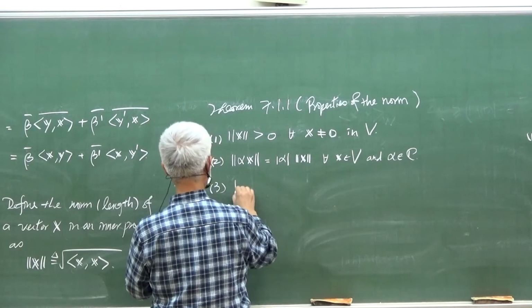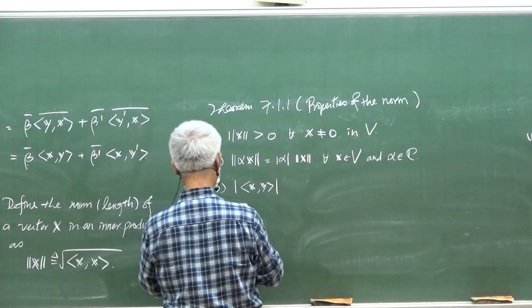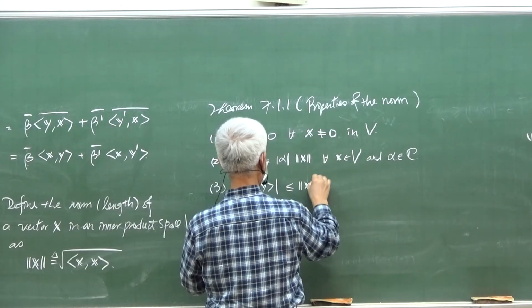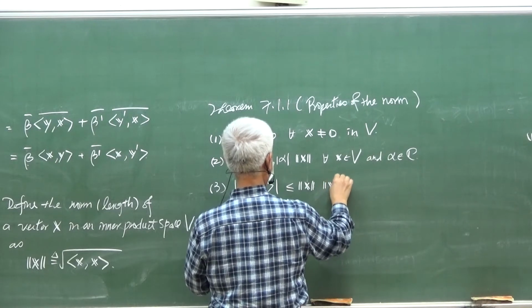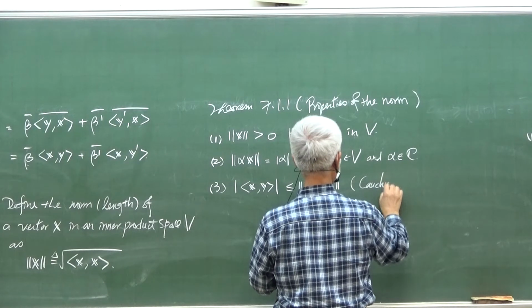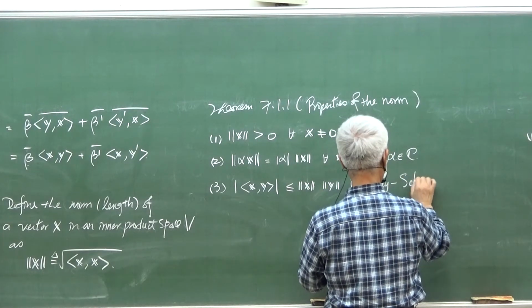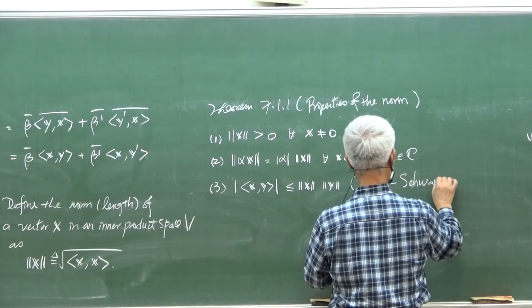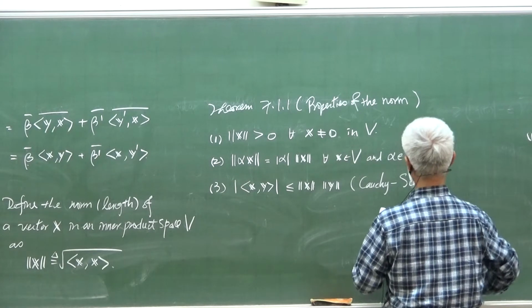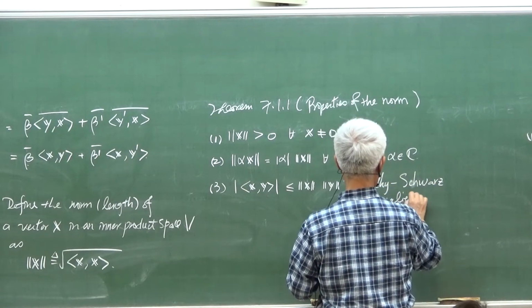Third one, we have the Cauchy-Schwarz inequality.